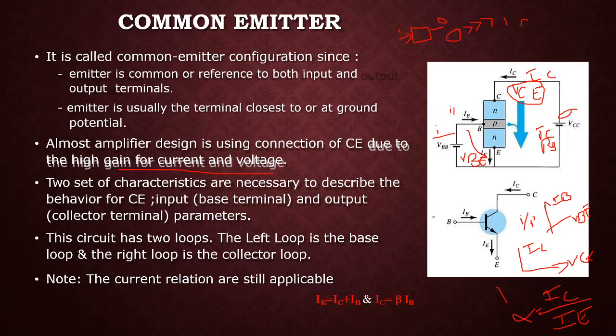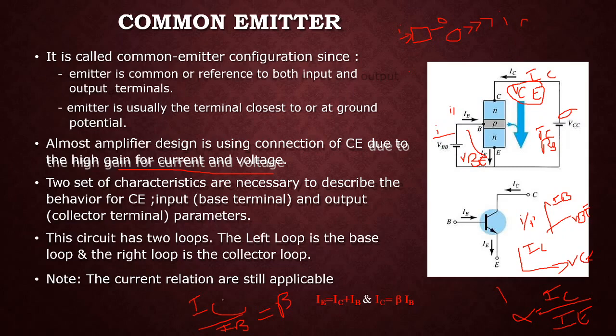Next, in this case, what is the gain of the current? The output current is IC and the input current is IB, so IC divided by IB. This is indicated by the symbol beta. So the current gain of the common emitter configuration is IC divided by IB.